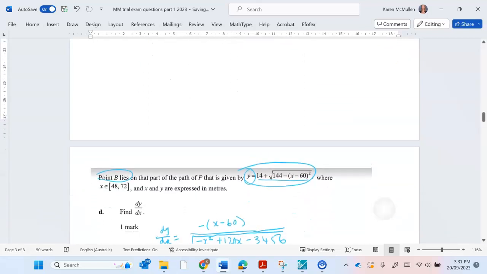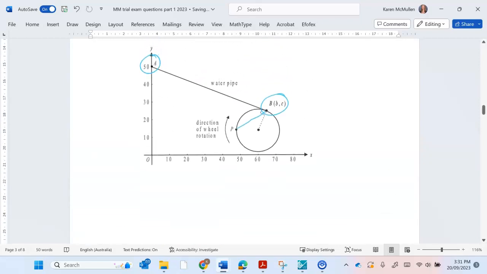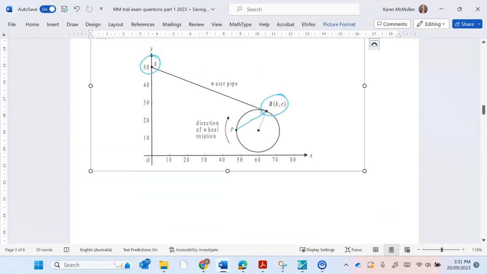Point B lies on the part of the path. So B is stationary and P moves around. So your maximum distance is actually going to be the diameter of your circle. If that makes sense. So when P is here, that's going to be the furthest distance.